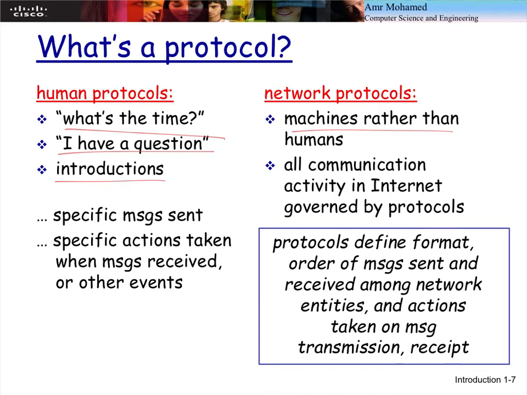So this is exactly what happens for network protocols. Machines all communicate and they have to establish, for example, the TCP handshake. If you remember, in Network 1, we studied the TCP handshake, right? The TCP handshake is the connection request: I send you a connection request, I want to talk to you, then you say, I accept you talking to me, and then you start communication, things like that, okay? So that's how network protocols work.